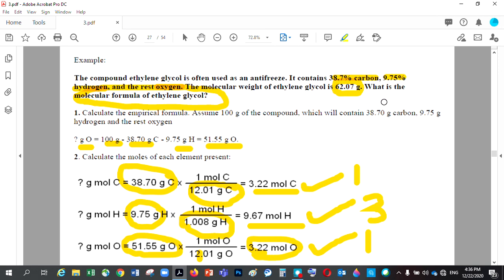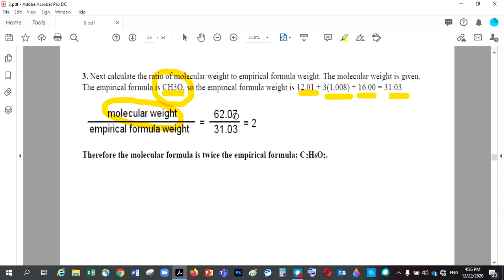This is the molar mass given to us, the whole molecule, divided by the empirical formula mass we calculated, correct? So the ratio is 2. Now you multiply the formula CH3O by 2, and you get 2 carbons, 6 hydrogens, and 2 oxygens. And this is the molecular formula using the empirical formula.